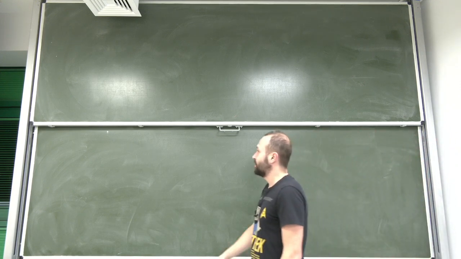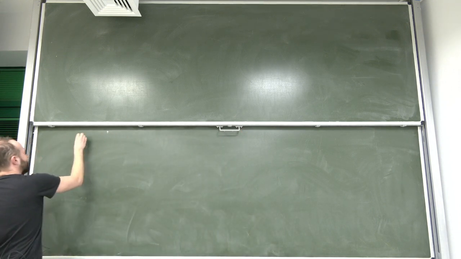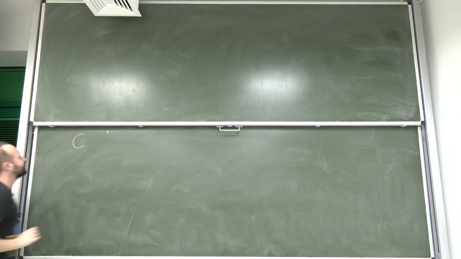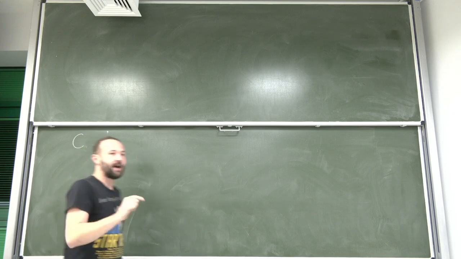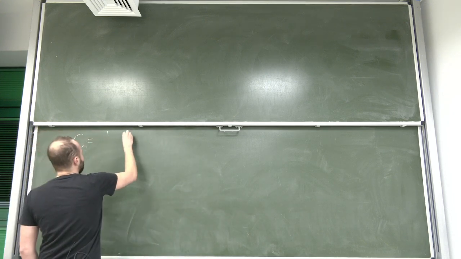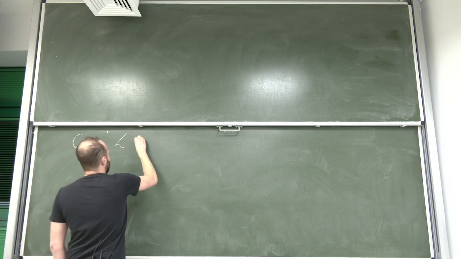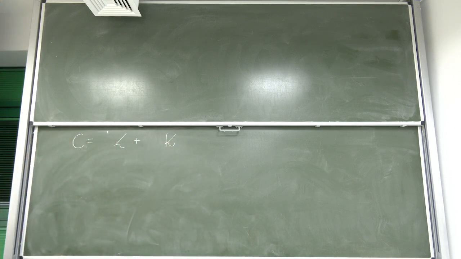Okay, so look, we're starting with some cost function for the company, where this is the total cost of production. And now, we can hire only two factors of production. One of them is labor, and one of them is capital.